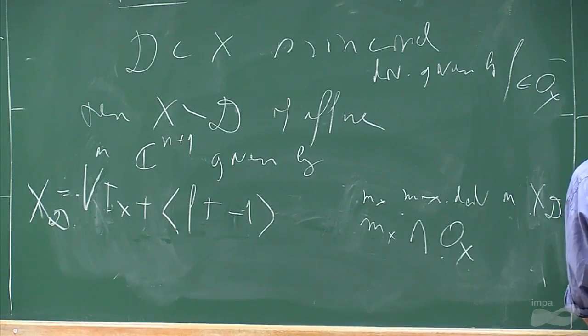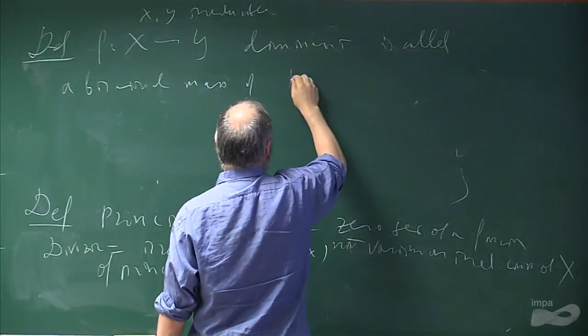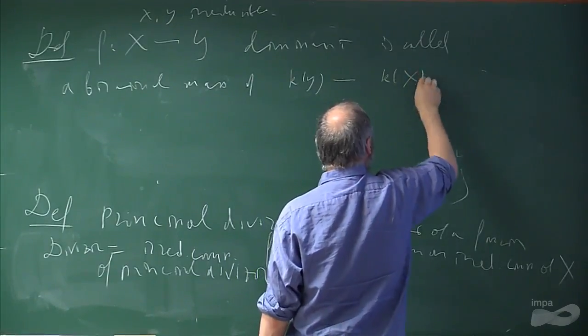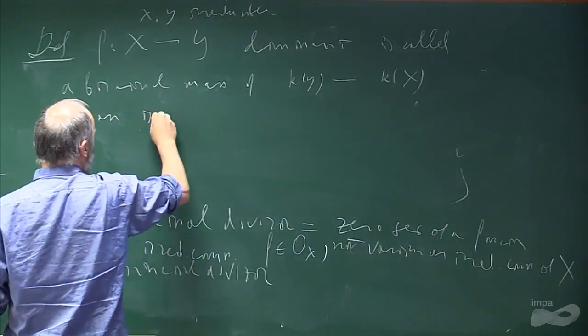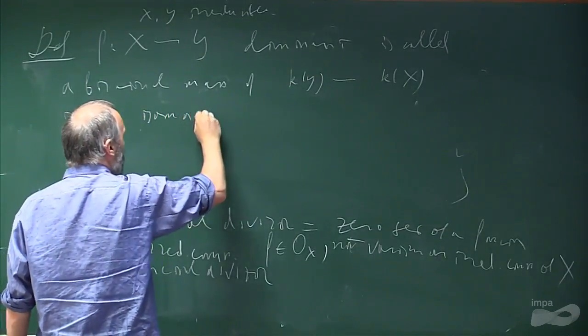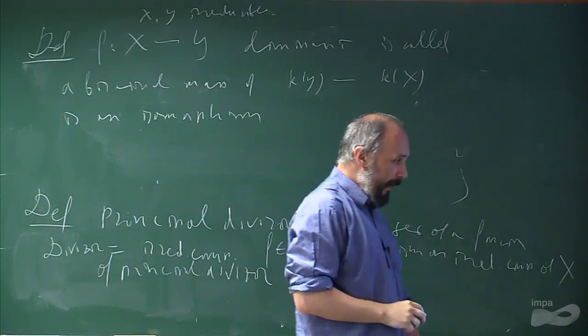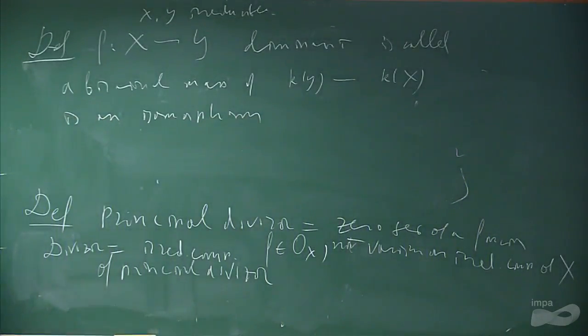A dominant morphism f from X to Y is called a birational map if the corresponding map k(Y) to k(X) is an isomorphism. So birational maps are maps which induce the same fraction field, and this is an example.